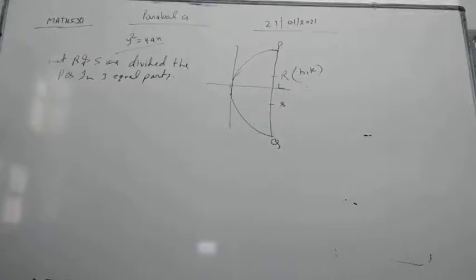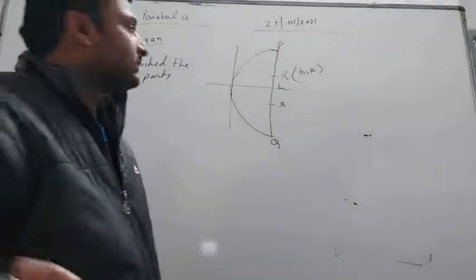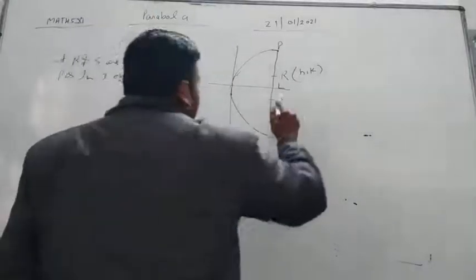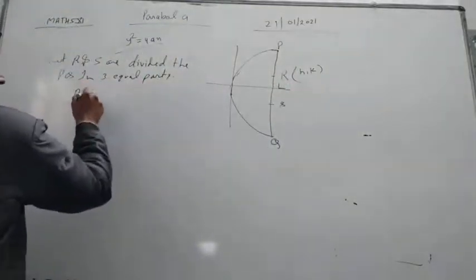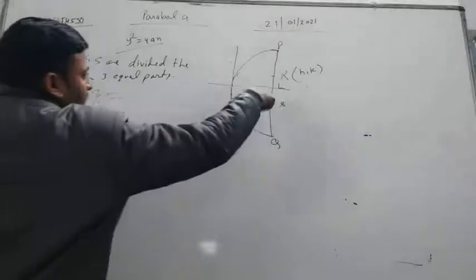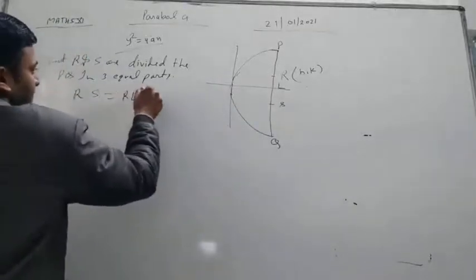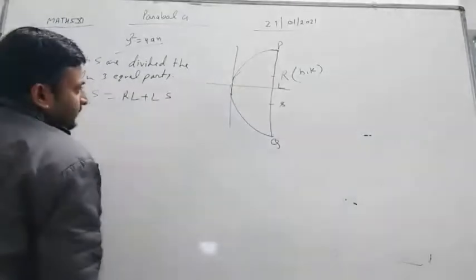So student, if R is h, k, it means that our RS will be equal to what? RS will be equal to RL plus LS.